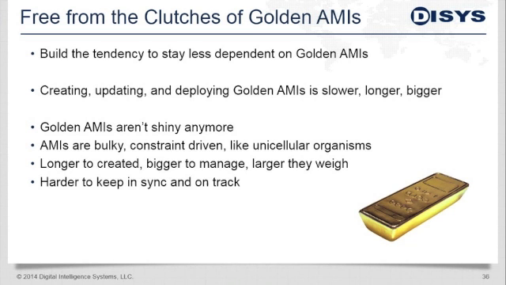AMIs are by themselves bulky, bigger, slower, and going back to yet another analogy, it's like a unicellular organism. So we have seen that evolution kind of organisms which are more intelligent.